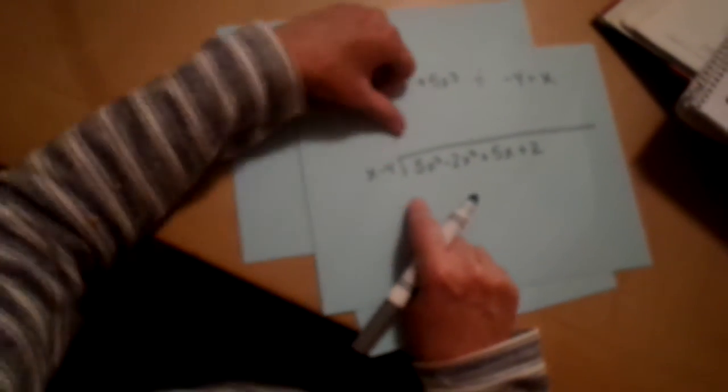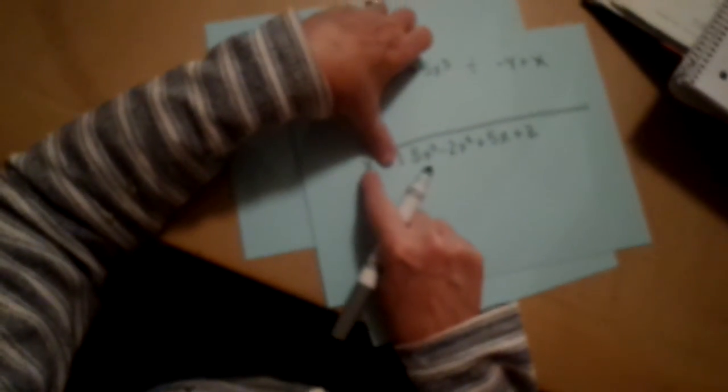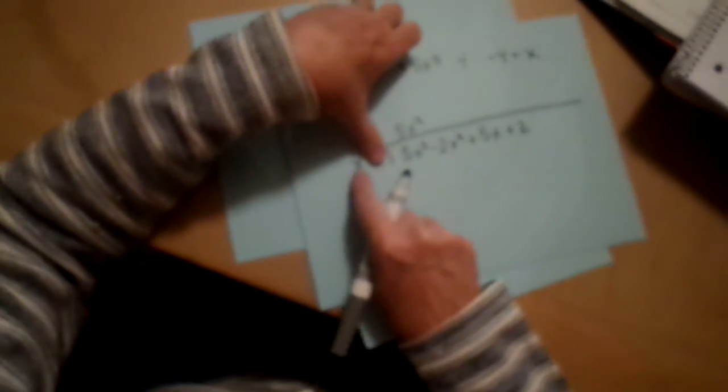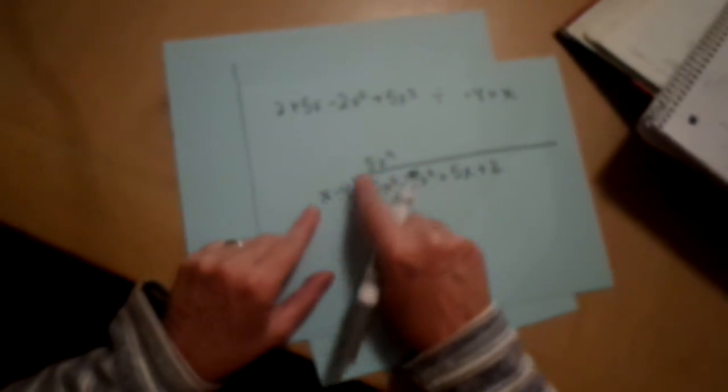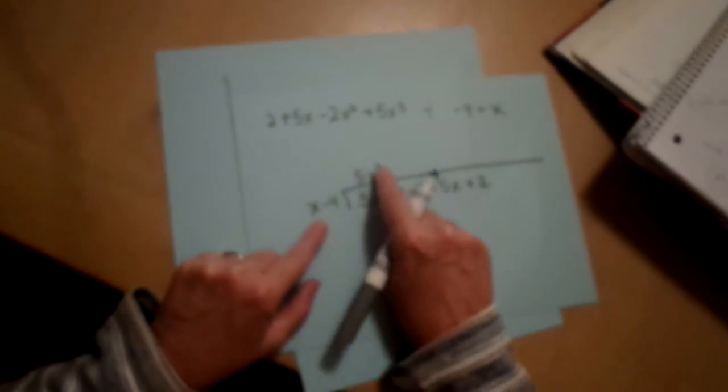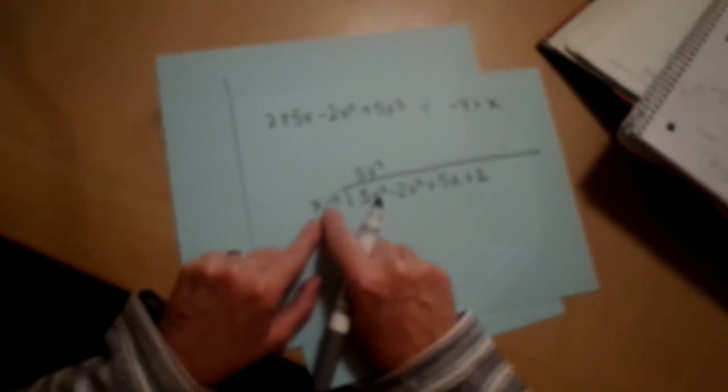All you need to do is look at this x. You don't have to worry about the negative 4 right now. And this 5x cubed. You figure out what you multiply x by to get 5x cubed, and that would be 5x squared. 5x squared times x equals 5x cubed. Now we do have to look at the negative 4. We multiplied those, now we have to multiply 5x squared times negative 4.